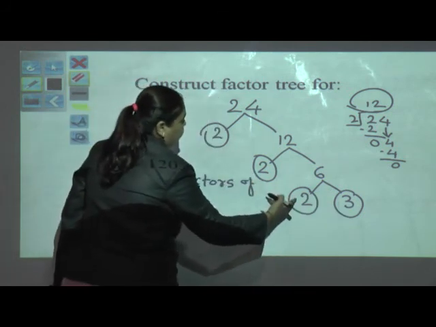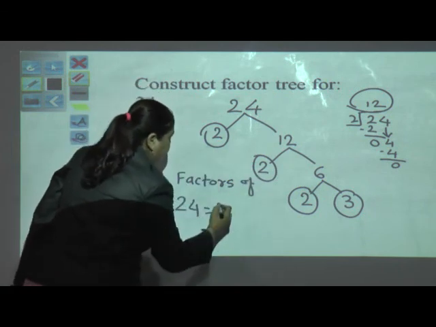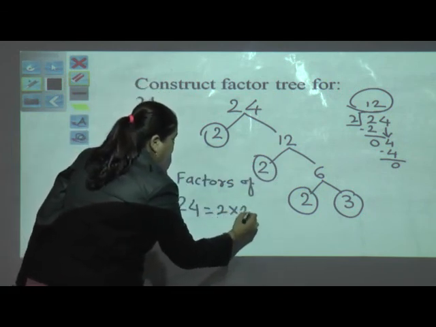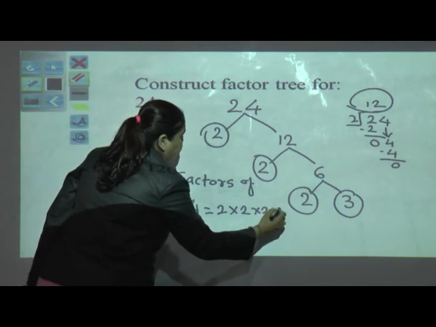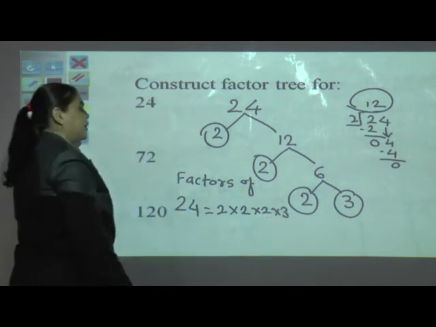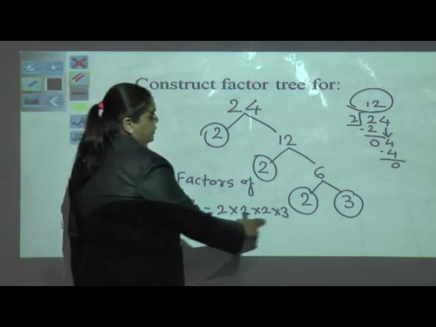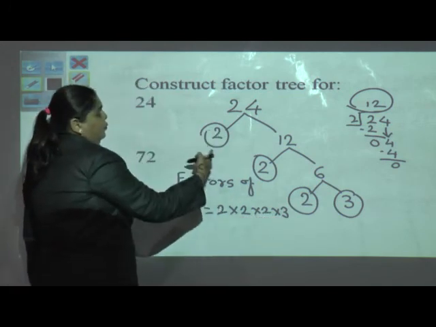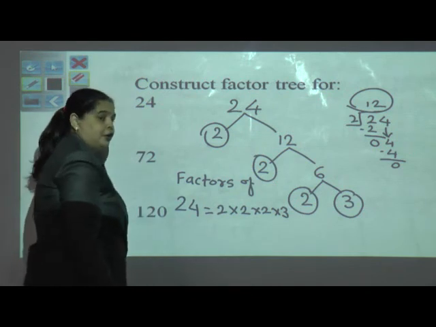How many times is 2? 3 times. I can count and write here 2 multiplied by 2 multiplied by 2 multiplied by 3, which is 1 time.